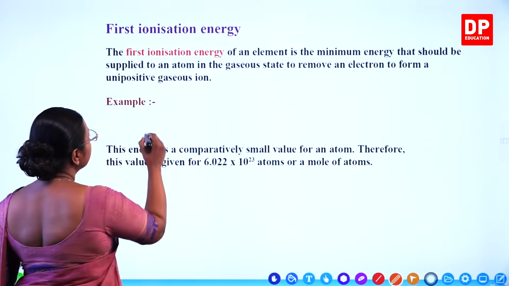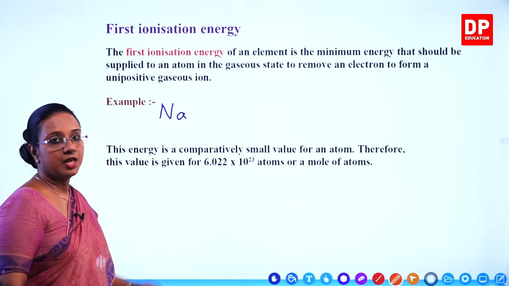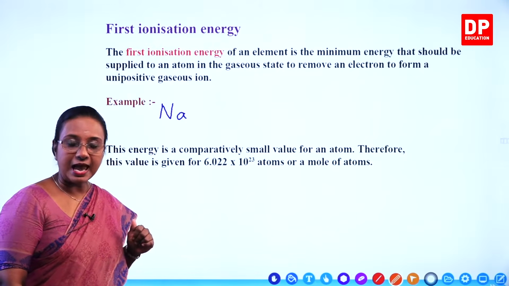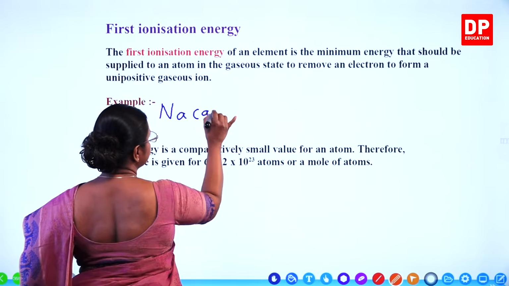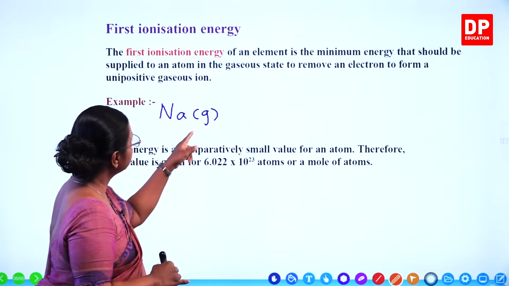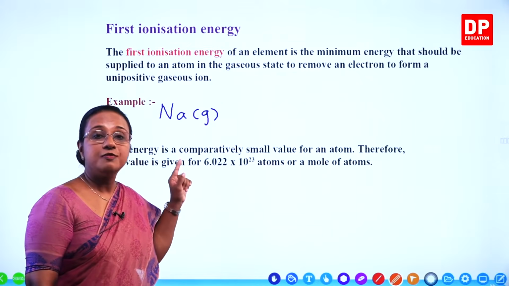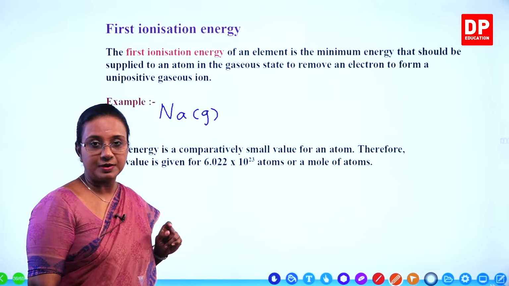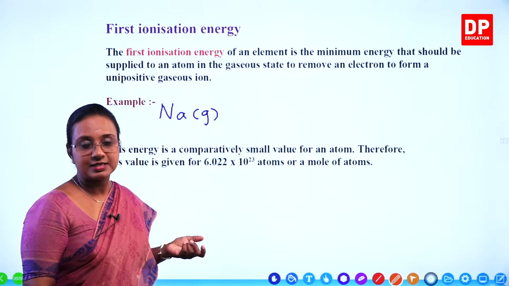We will take sodium as the example. We have the sodium atom and it has to be in the gaseous state. Now this G written within brackets denotes the physical state of the element. So here when we put G, that means gas.